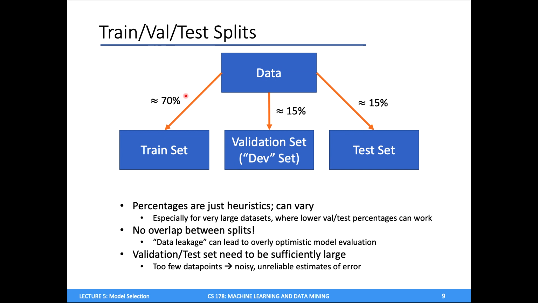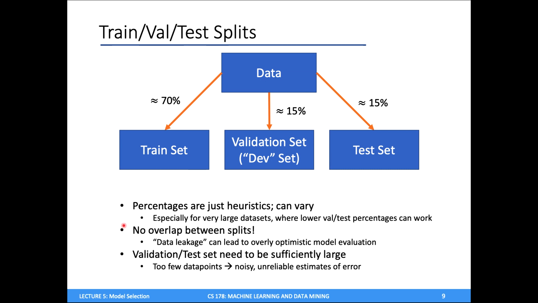If you have a very, very large data set, like let's say you have 1 million data points, well, spending 15% of those on validation and another 15% on test might be a little bit overkill. We don't need 100,000 data points to evaluate our model on. And in some sense, you want your training set to be as large as possible because more data means better models at the end of the day.